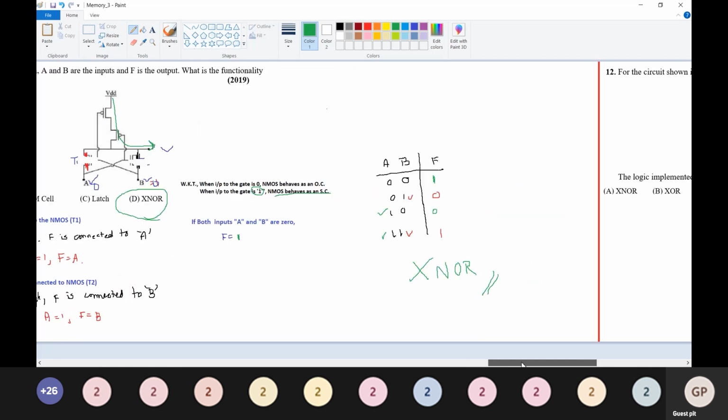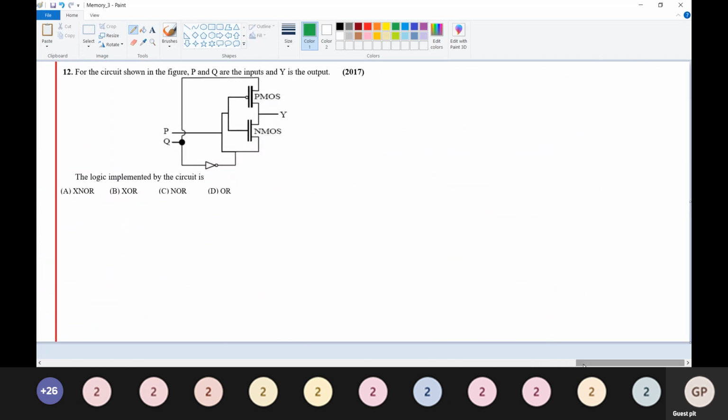And we'll solve one more problem. For the circuit shown in the figure with inputs P and Q and output Y, what is the logic implemented by the circuit? So the same type.